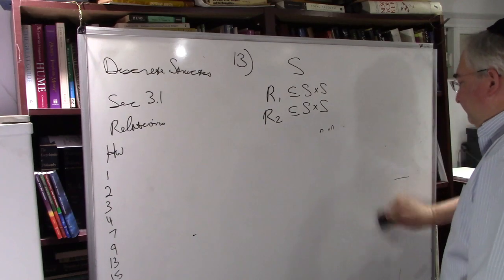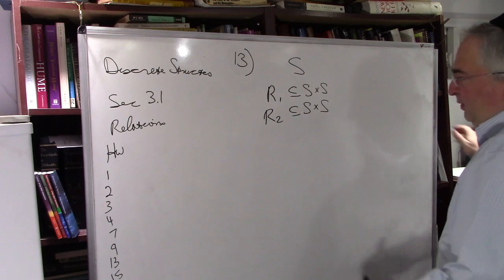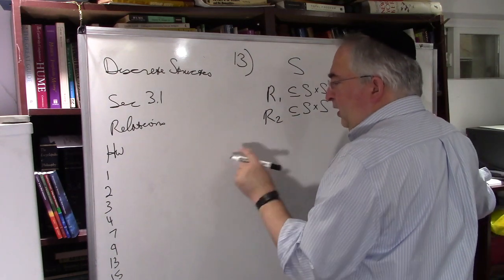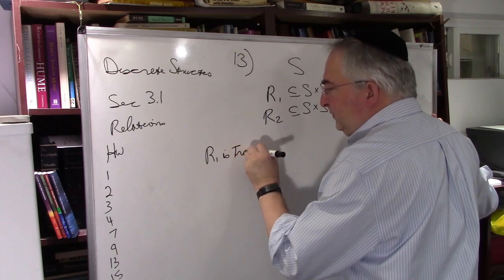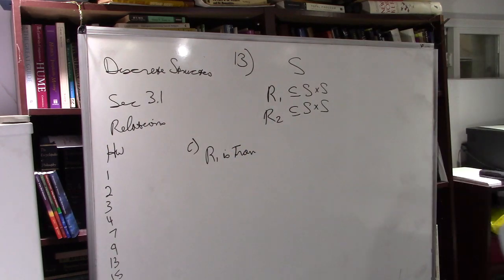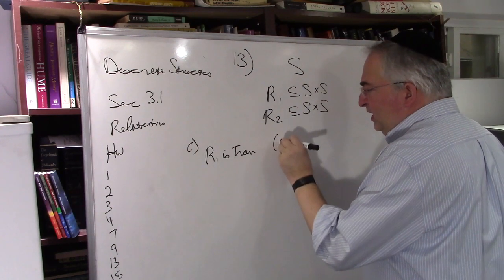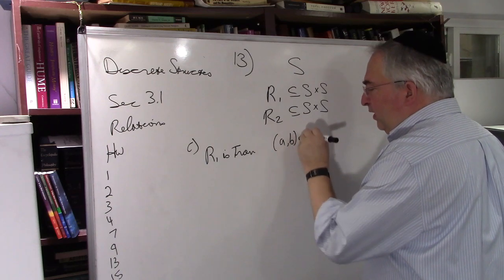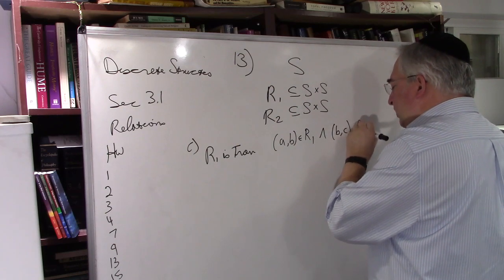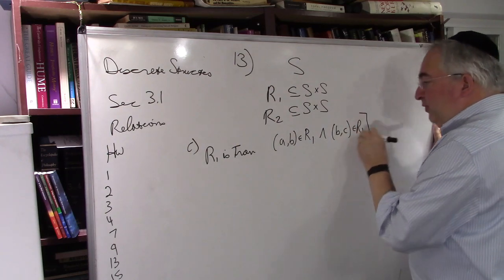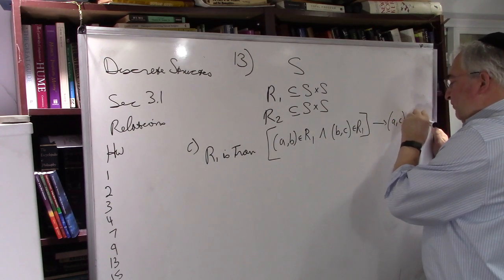It's the same idea, might be a little bit more complicated. It says as follows, R1 is transitive. This is C. What does that mean? That means if A comma B is a member of R1 and B comma C is a member of R1, this whole thing implies that A comma C is a member of R1.